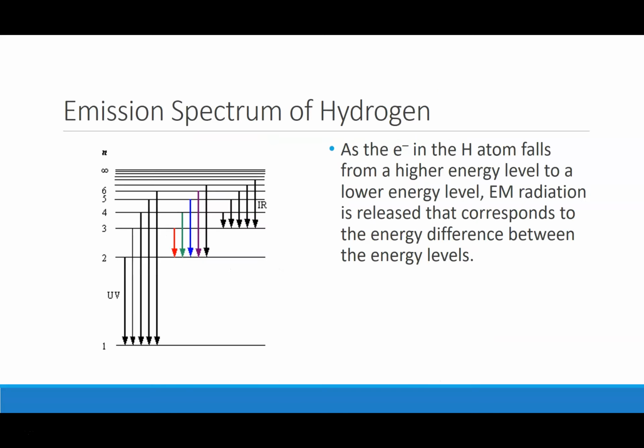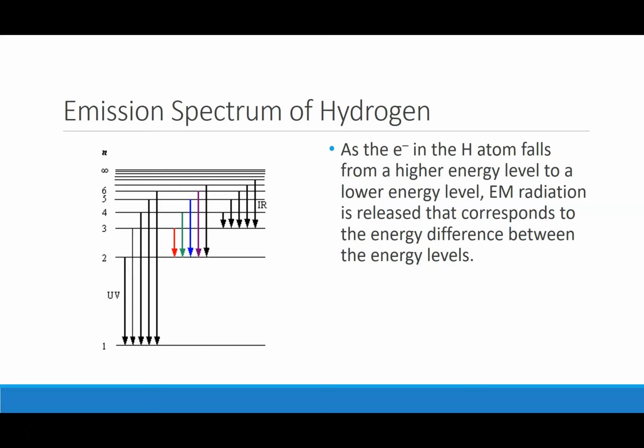Let's look at the emission spectrum of hydrogen in more detail. As the electron in the hydrogen atom transitions from a higher energy level to a lower energy level, electromagnetic radiation is released that corresponds to the energy difference between the energy levels. This means that if the electron falls a farther distance, higher energy photons are emitted.